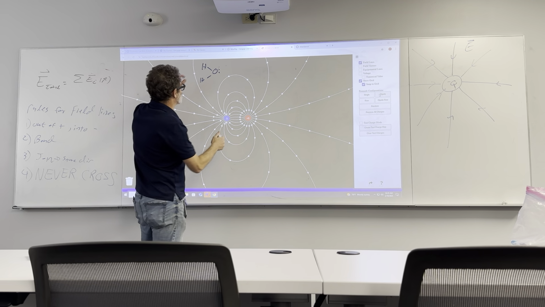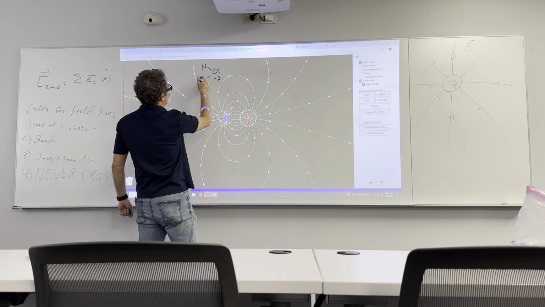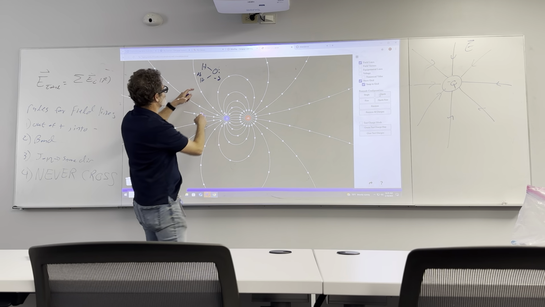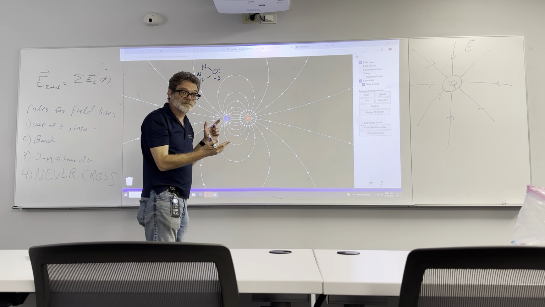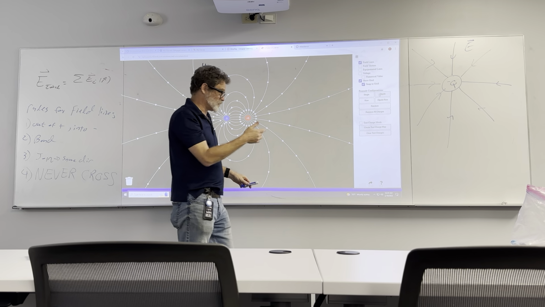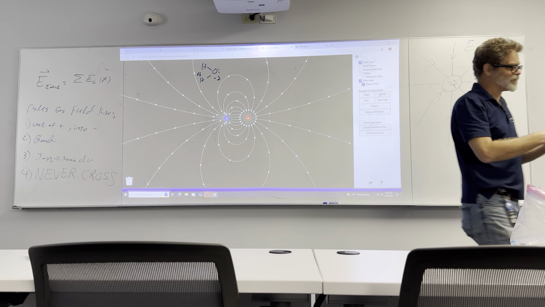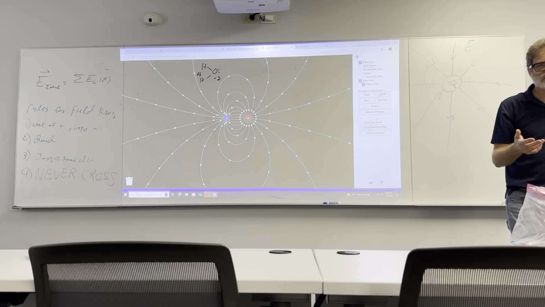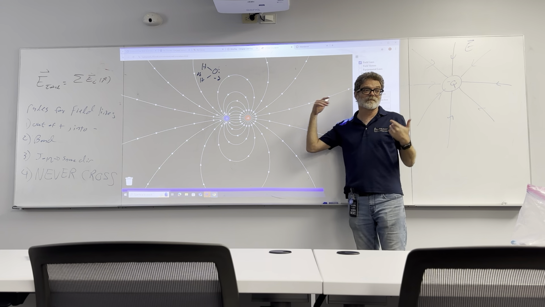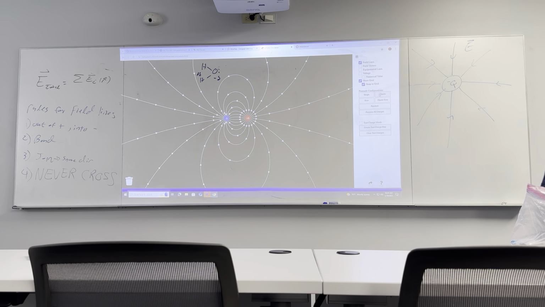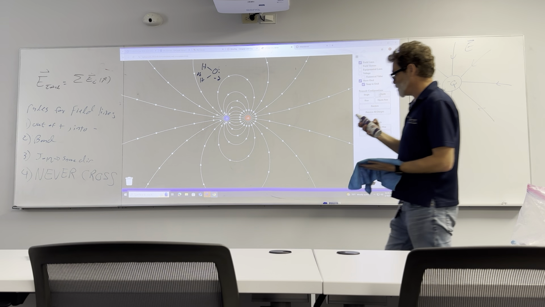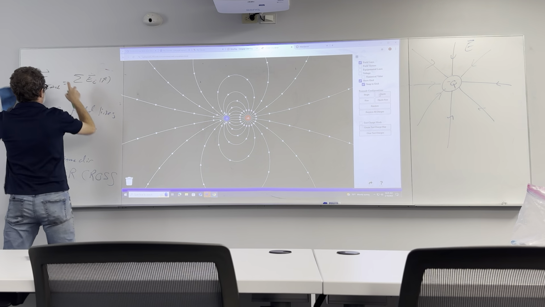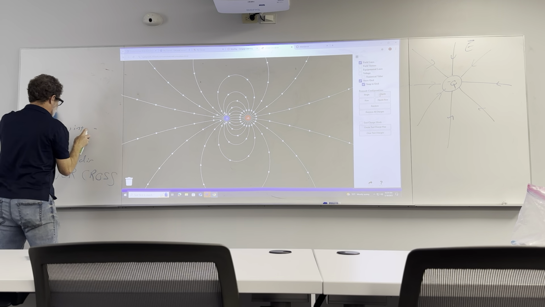This forms a dipole. This becomes a negative delta. This becomes a plus delta because it's pulling the electrons off the hydrogen. And I get a little negative charge, positive charge separation. That's what makes water do all the cool stuff it does. Like it dissolves all kinds of stuff. It gets hydrogen bonding, all that stuff, because water is a dipole. So it's really one of the most important configurations of electric fields. Okay, so we want to calculate the electric field of a dipole and see some of the consequences of it.